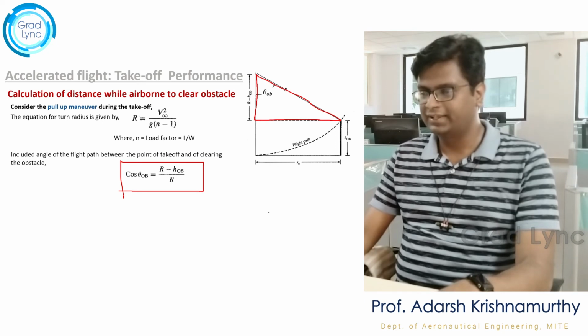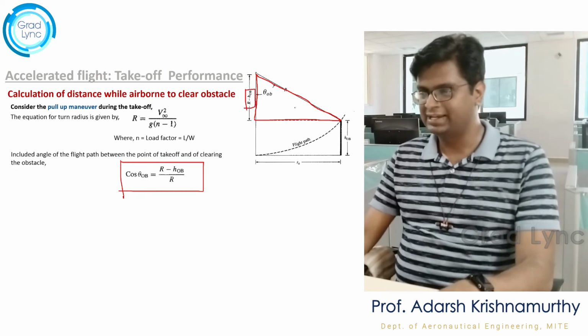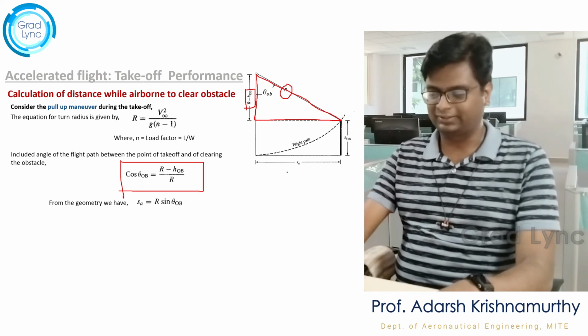The adjacent side is nothing but R minus the obstacle height. I get R minus h OB as the adjacent, and the hypotenuse of course is R. So cos theta OB is equal to (R minus h OB) divided by R.